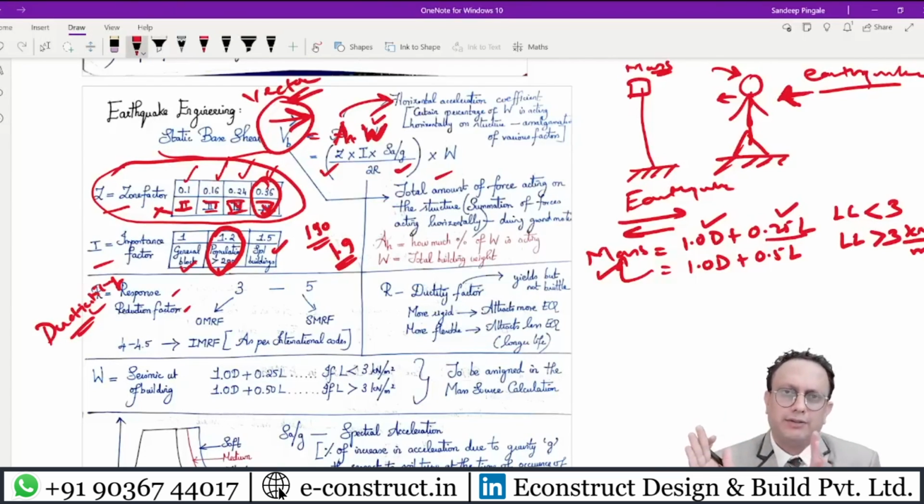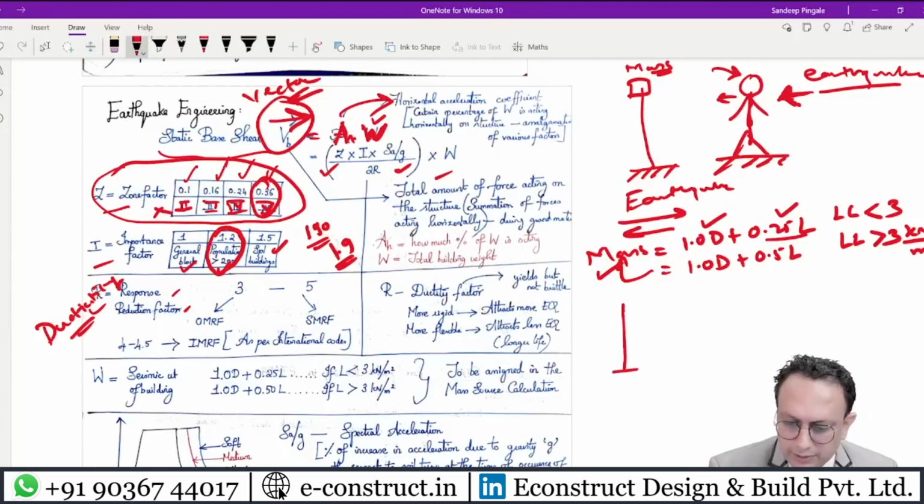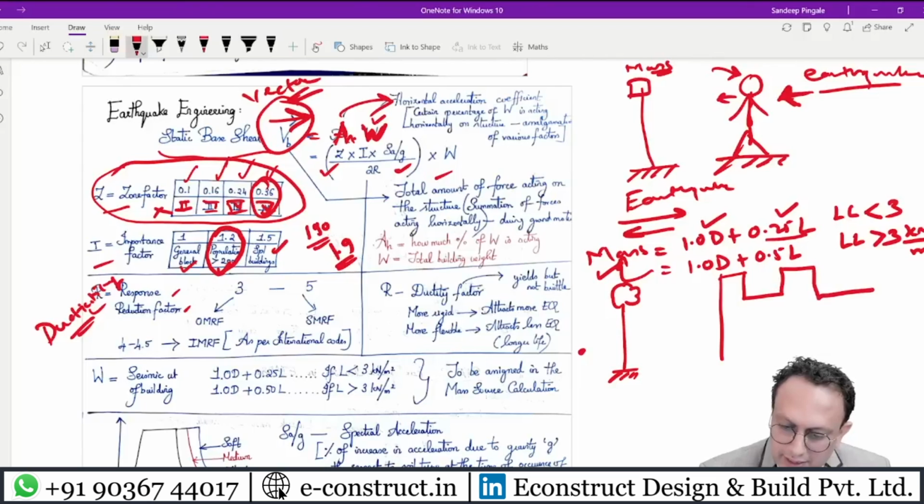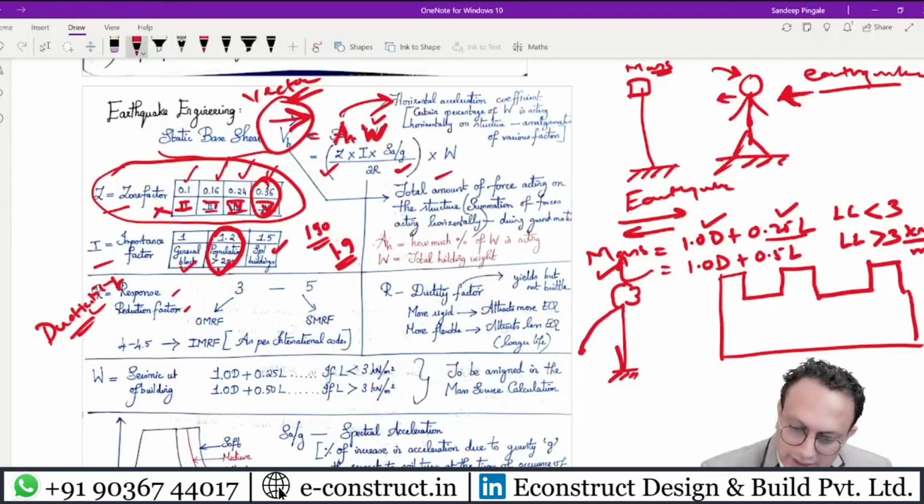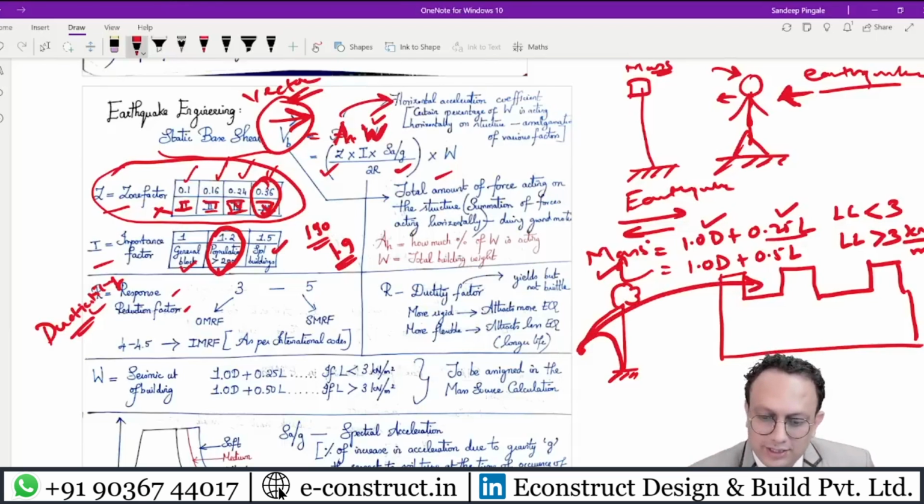Ductility means, for example, imagine this is a tree in Bahubali, a coconut tree, and you want to go to this fort. You remember that scene? He makes sure the tree bends like this, and through that you go inside the fort.